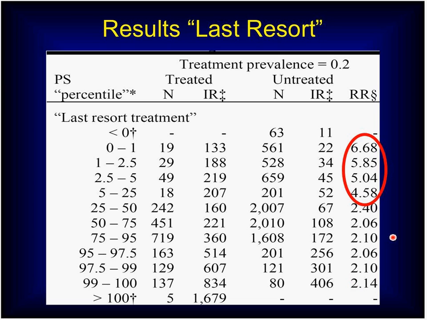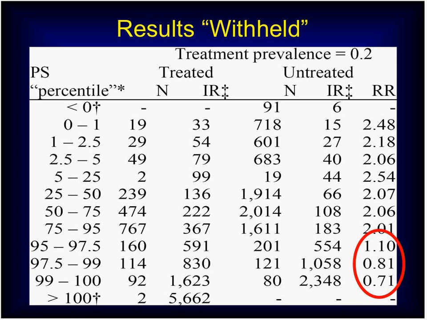There is some residual confounding in these here, and then you see that at one end of the propensity score distribution, in this case at the lower end, we get biased treatment effect estimates due to last resort treatment. So that's the people who should not have been treated, but got the treatment because someone thought, well, let's try this.